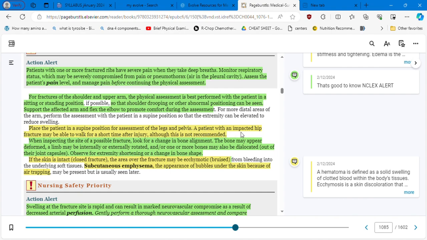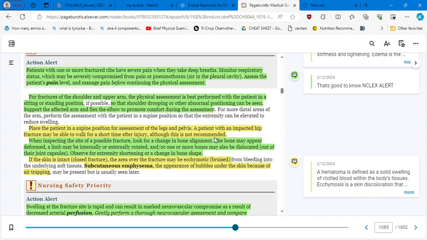A patient with an impacted hip fracture may be able to walk for a short time after injury, although this is not recommended. And I've seen this. Patients with an impacted hip fracture were able to walk, and then suddenly the pain was so severe they couldn't even talk. When inspecting the site of a possible fracture, look for a change in bone alignment.